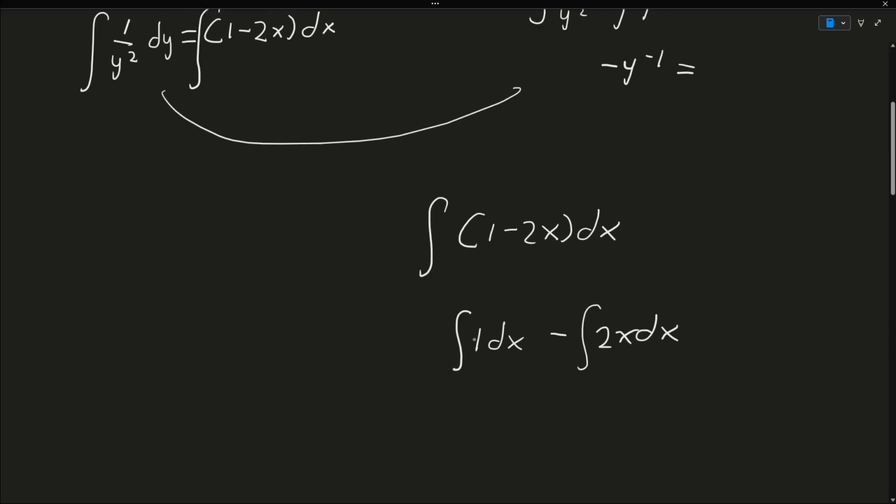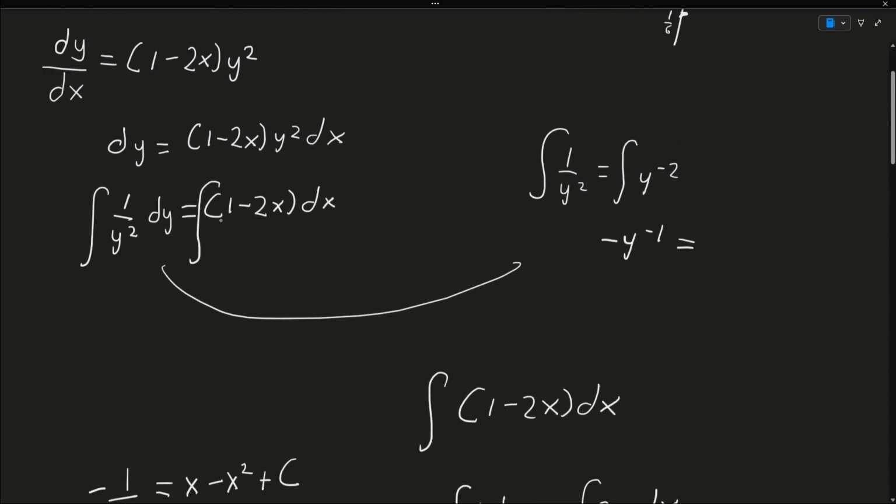We would have x minus x squared, since the integral of 2x is x squared, plus c. I'm adding this plus c, so it will be very useful. Remember that we had -y to the -1st power on the left-hand side. I'm just going to write this as -1/y equals what we got from the right-hand side, which is x minus x squared plus c.